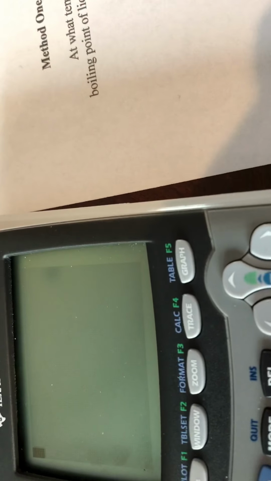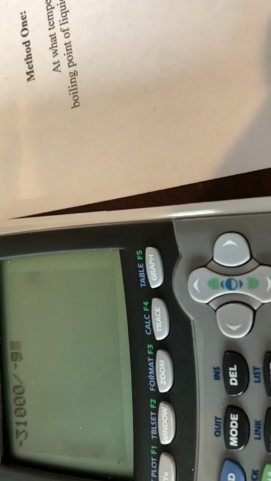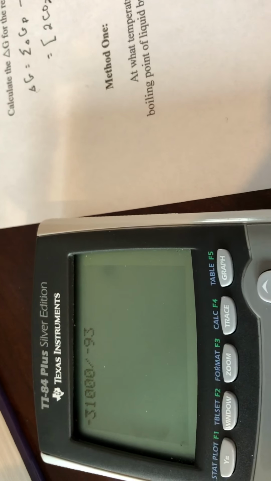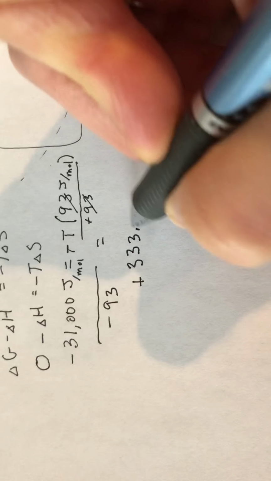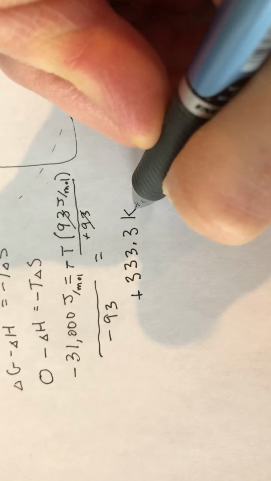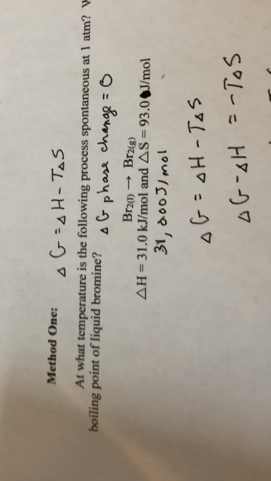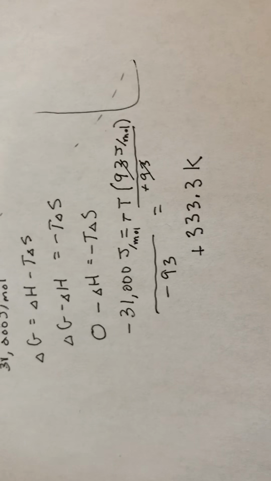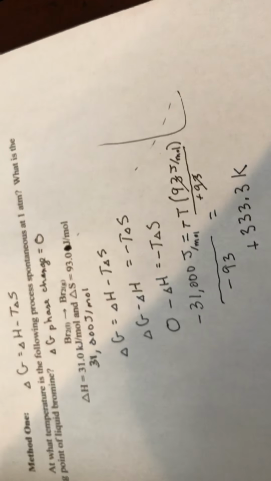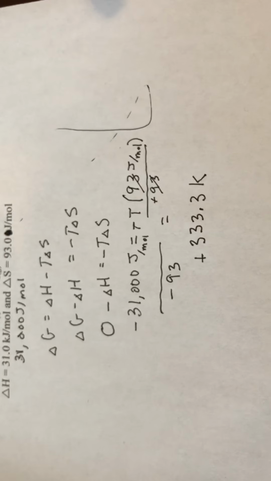I've got negative 31,000 divided by negative 93. And my answer comes out to be positive 333.3 Kelvin. So what did I just learn? I just learned that the boiling point of liquid bromine will happen at 333.3 degrees Kelvin. And for those of us that care, that would be 60 degrees Celsius.